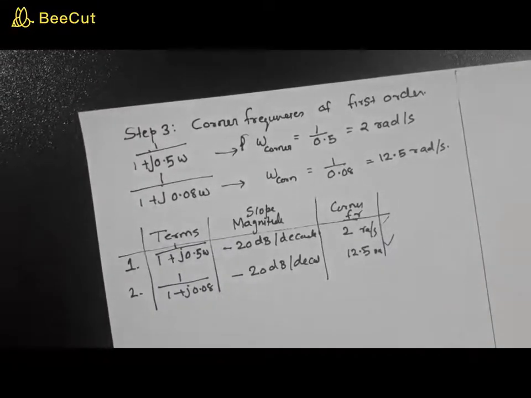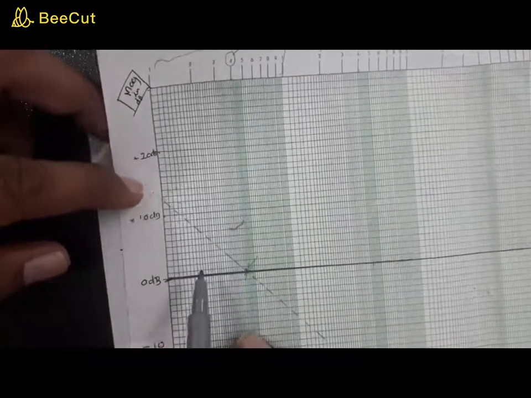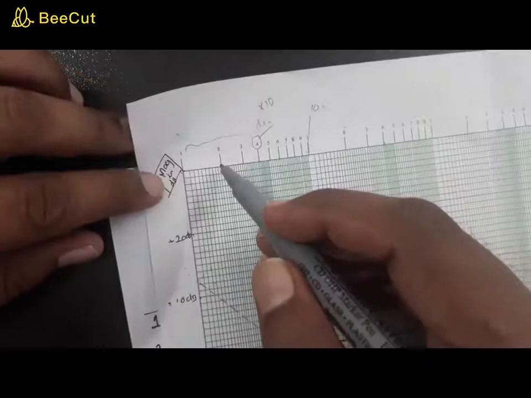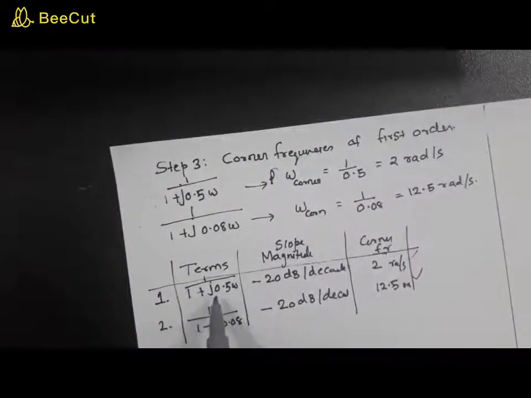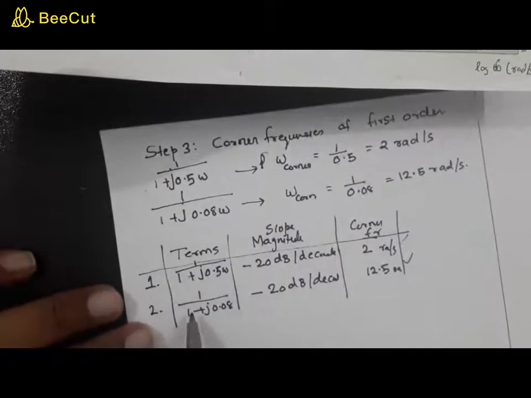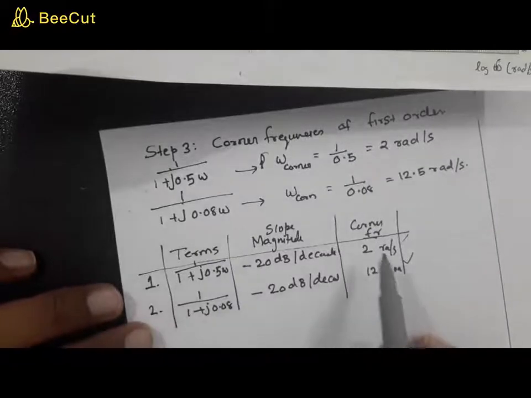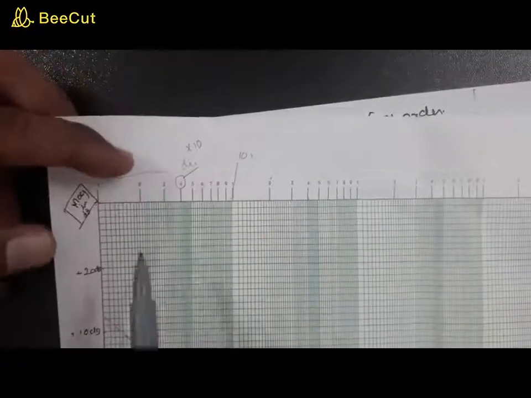Coming to this log axis, this is your 2 radians per second. Till this 2 radians per second, the term 1 by 1 plus j 0.5 omega has no effect. What about the other term? Its corner frequency is much higher than this, so till 12.5 there is no effect. Where is the 12.5 point?